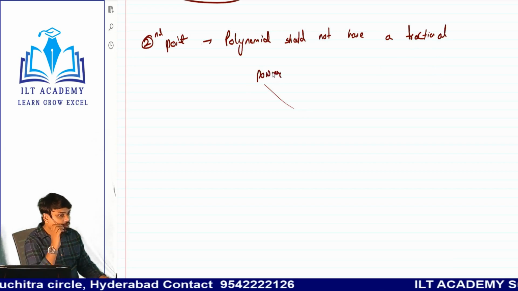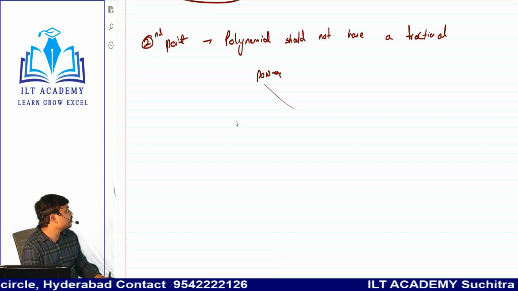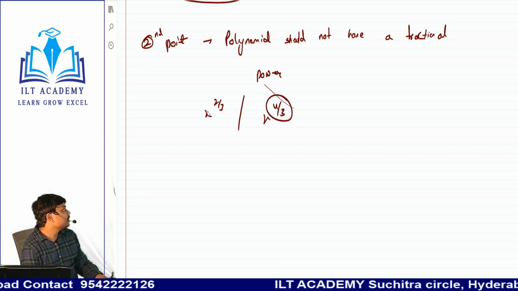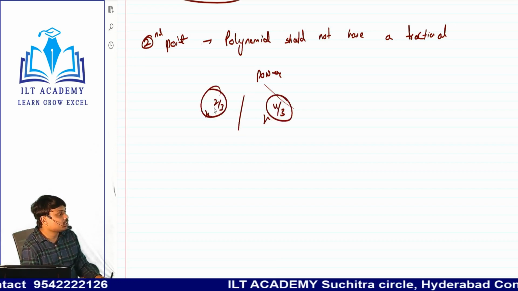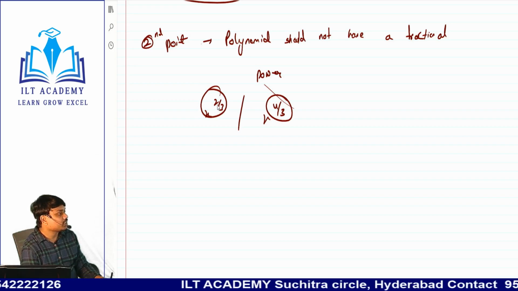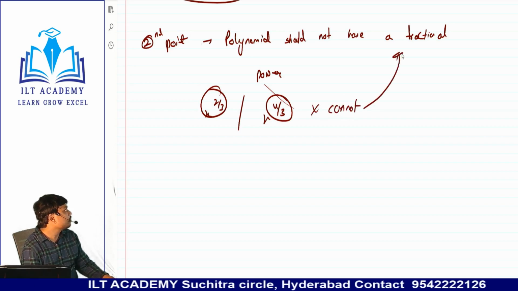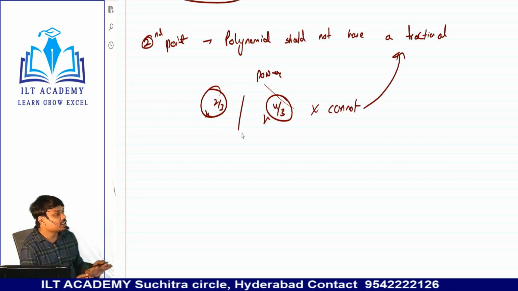What do you mean by fractional power? Fractional power is like x power 2 by 3, x power 4 by 3. Here, the power is in fraction. So a polynomial cannot have a fractional power. Understood? This is the basic thing.